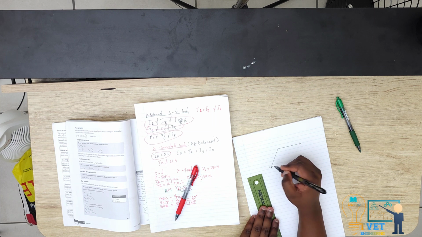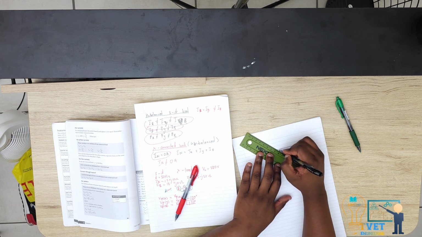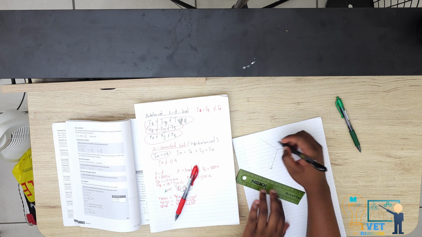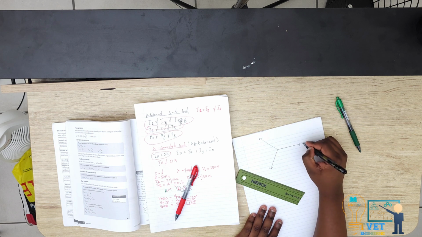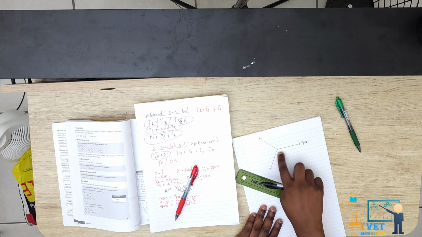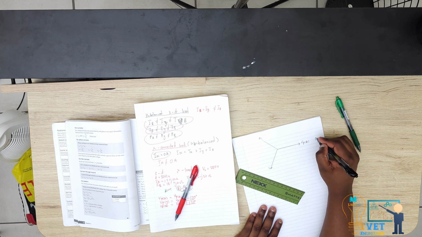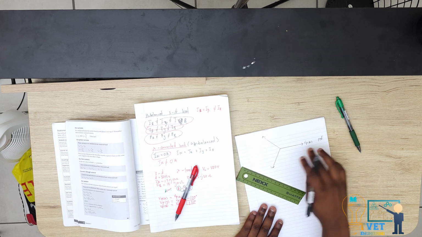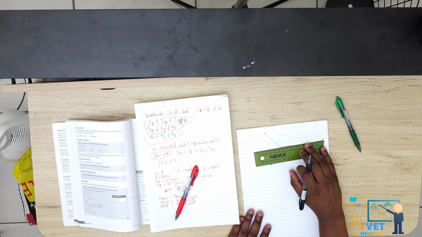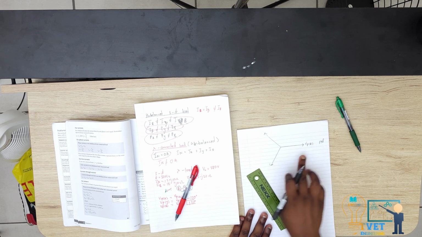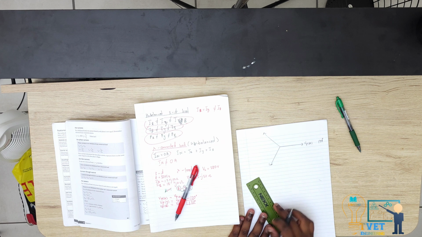So here is the reference, V phase R. The horizontal line is always the reference line, pointing to the right.